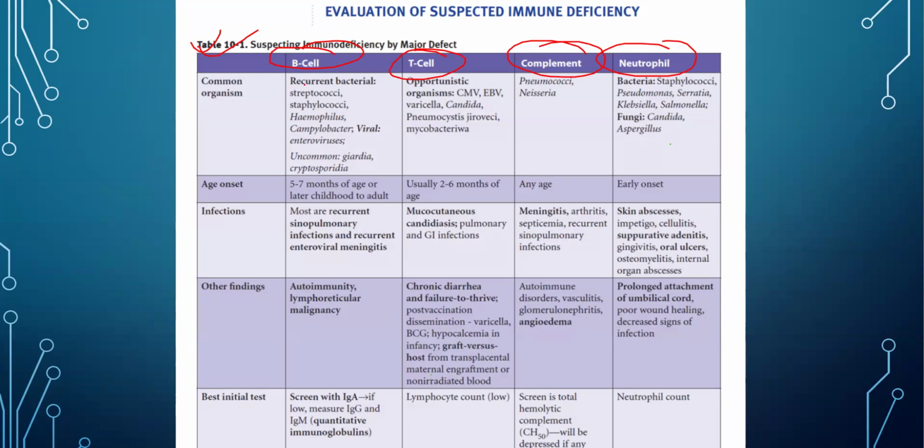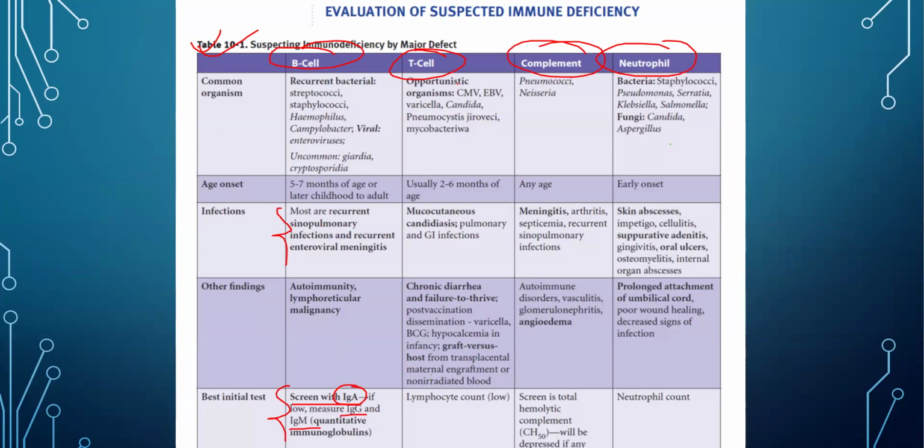A child who has B cell deficiency, the main problem is they get recurrent bacterial infections. So lots of sinusitis, lots of pneumonia. That's how they usually present. And you check their IgA level. If the IgA level is low, then you check their IgG and IgM. Most of the time, everything will be low. That's lack of immunoglobulin.